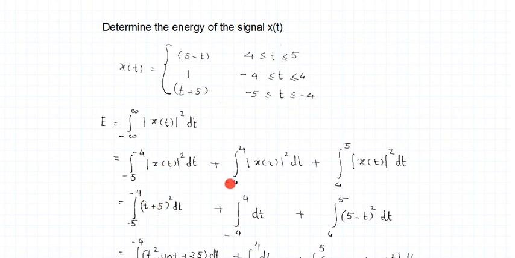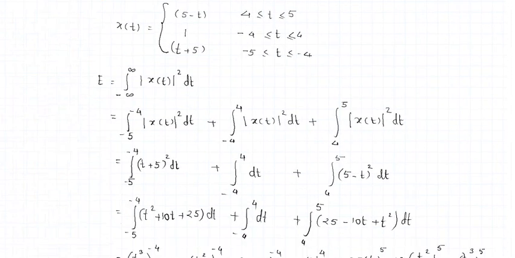In the region from minus 4 to plus 4, x(t) takes a value 1, so we replaced x(t) by 1. And for the third limit, 4 to 5, x(t) takes a value 5 minus t, so we replace x(t) by 5 minus t, square of it. This is how we have formulated the energy equation.